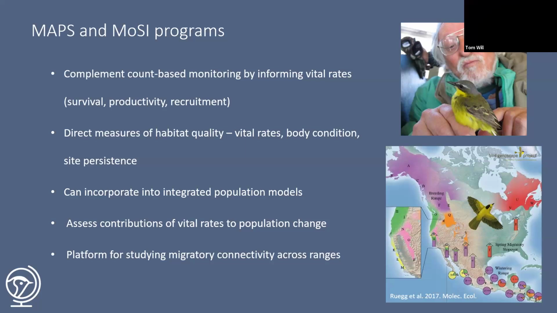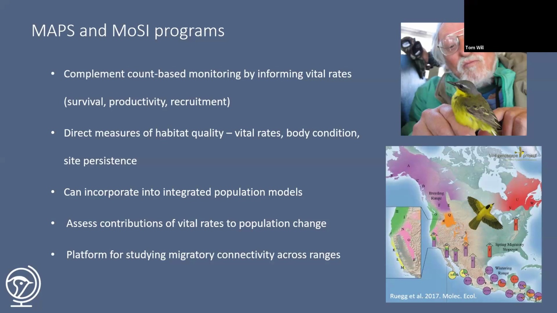And finally, it was mentioned, Kristen Ruegg and all their work on Genoscape stuff. We've been contributing feathers and blood samples to those efforts for, again, decades now as well. So a lot of those data have gone into producing maps like this for the Wilson's Warbler here. We've worked with a bunch of other species as well.